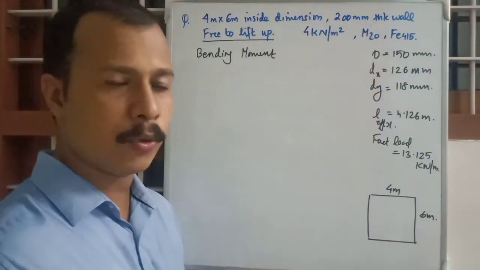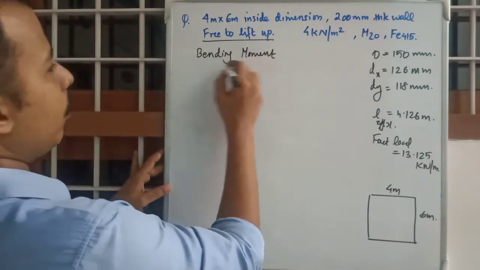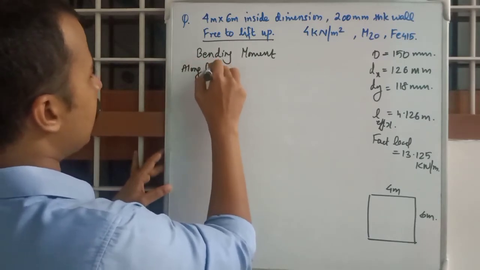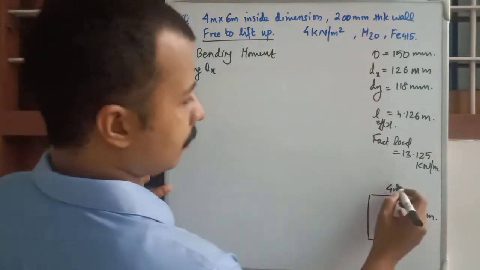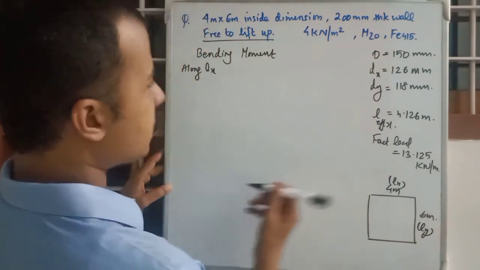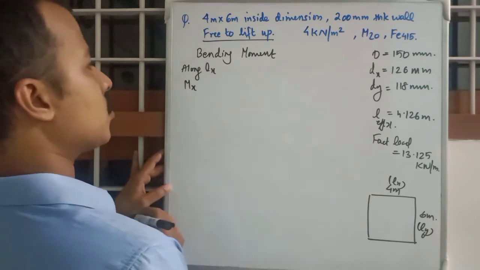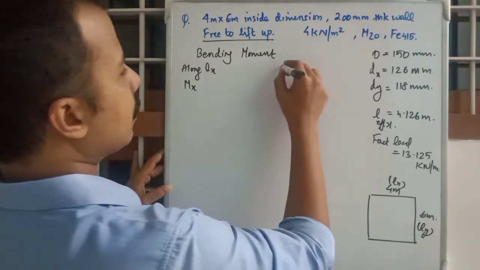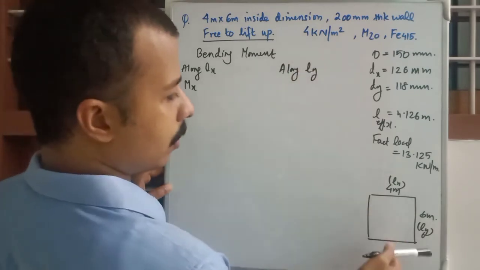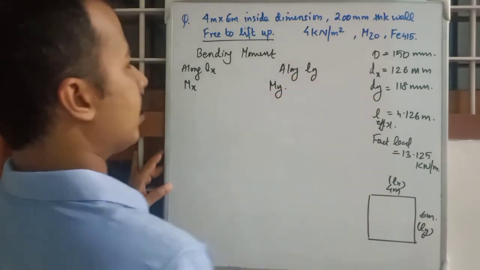Okay, so in page number 91 you will find the bending moment along Lx, the shorter span, termed as Mx, and the bending moment along Ly, the longer span, always the longer span, termed as My.